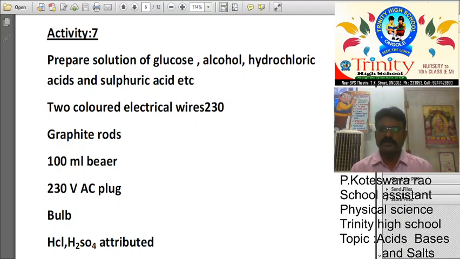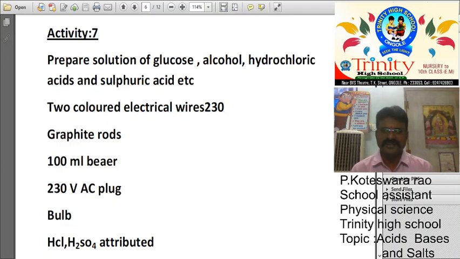Glucose, alcohol. Glucose formula is C6H12O6. Alcohol formula is ROH, meaning CH3OH or C2H5OH. These are all called alcohols. What are examples of alcohol? Some of the beverages, which some members are using nowadays, such as beer, brandy, whiskey, rum, gin and wine.